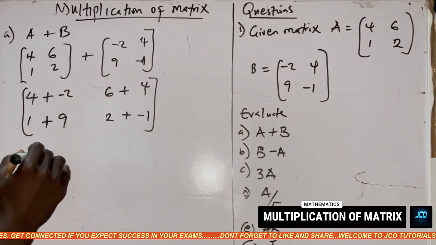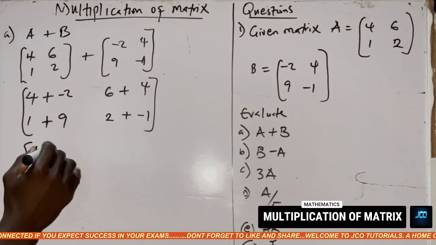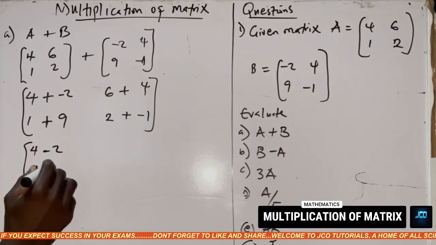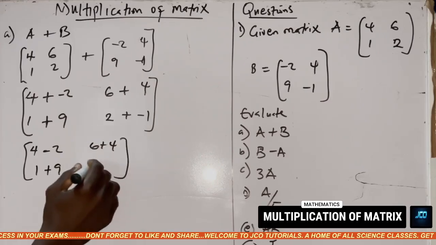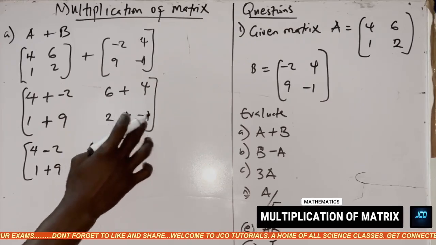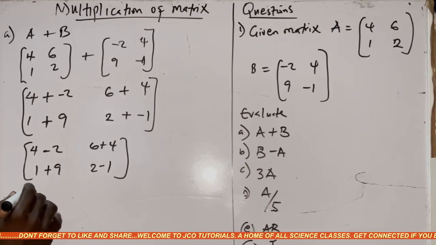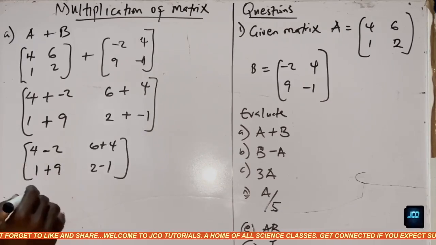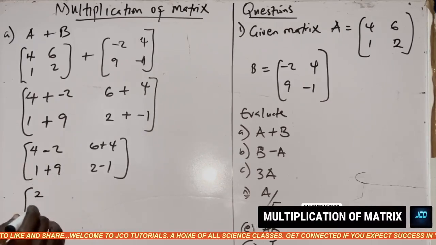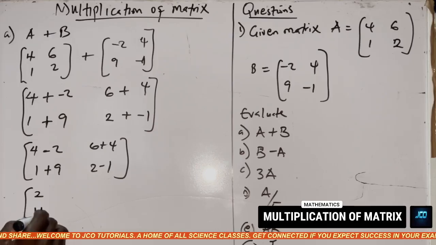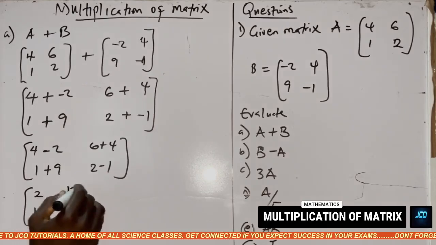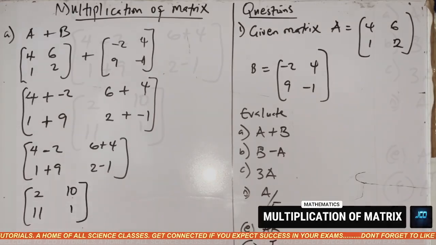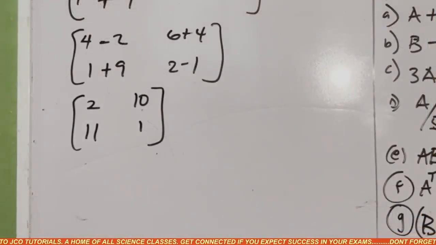Going further, 4 plus -2, 1 plus 9, 6 plus 4, and then 2 minus 1, because plus and minus gives you minus. Finish up, 4 minus 2 gives you 2, 1 plus 9 gives you 11, right? Yes. 6 plus 4 gives you 10 and 2 minus 1 gives you 1. So this is your answer for addition of the matrix.